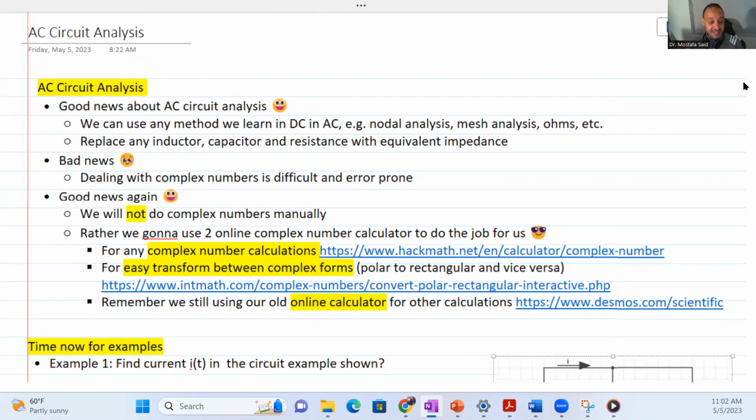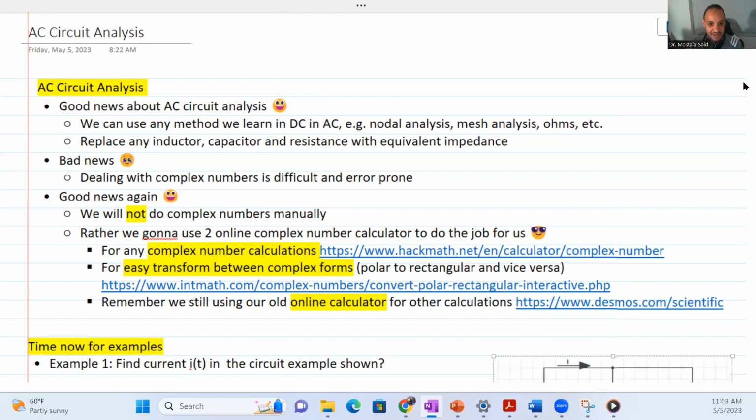We also said that in these AC circuits, we usually convert the sinusoidal function into a polar form, a complex number, that can be a polar form or a rectangular form. We learned how to do conversion between polar and rectangular and so on.